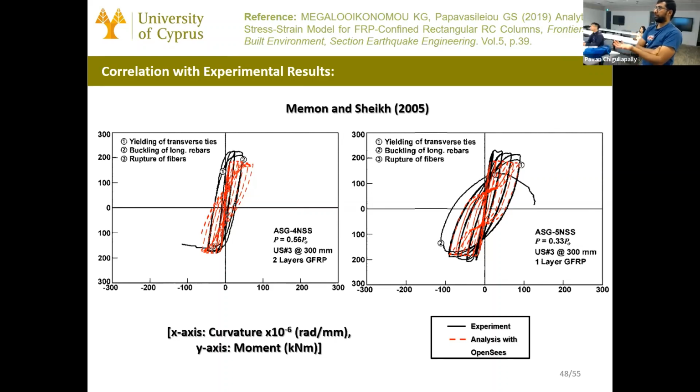Even for the experiments, you might be considering a specific location. But the problem is that you cannot measure curvature at a specific location; you need a length to capture that. So you are referring to a region, while in the model you refer to a point, and the moment in the region may not be exact to the point you are considering in the fiber model.